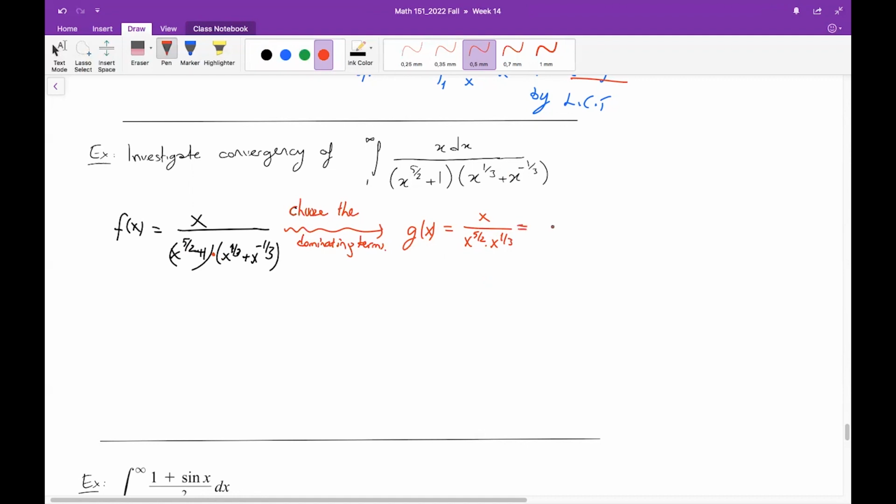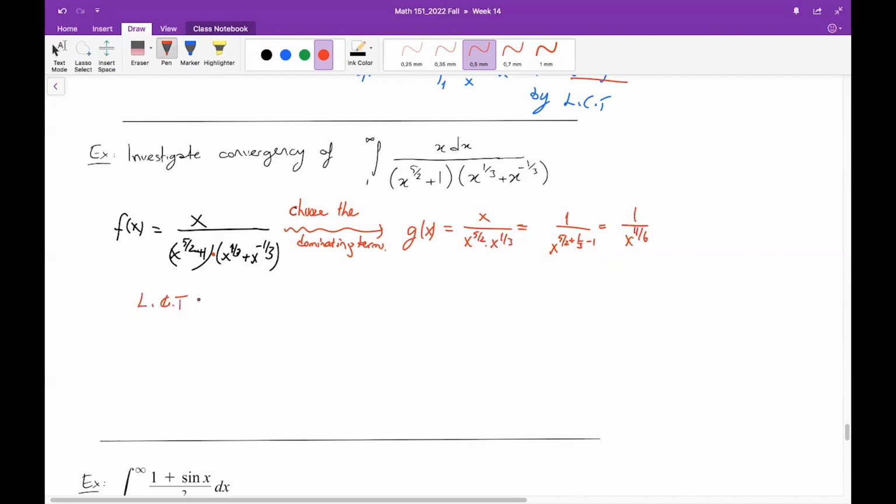Then your g of x function becomes x to the power 5 over 2 plus 1 over 3 minus 1 because of this denominator. So it is in fact 1 over x to the power 11 over 6, right? After you compute the power, it is 11 over 6. So this is your g of x to be used in the limit comparison test.